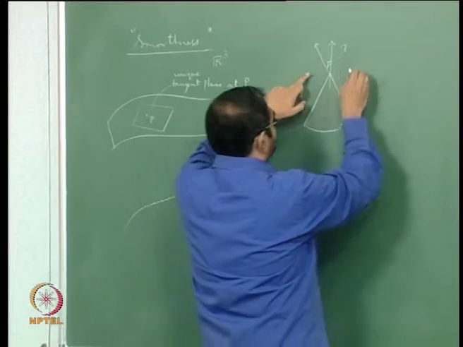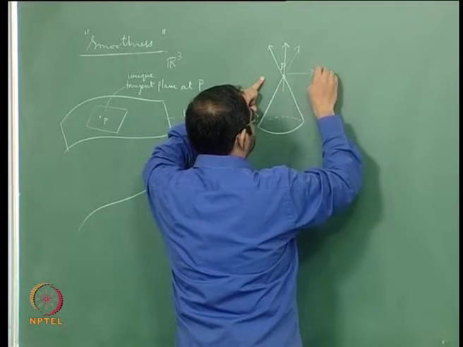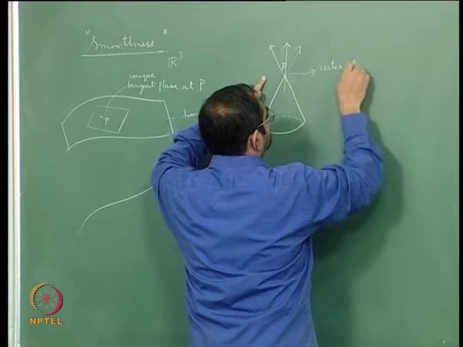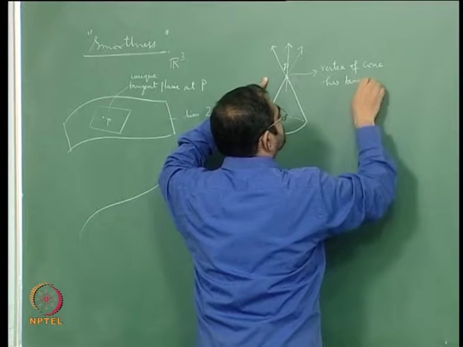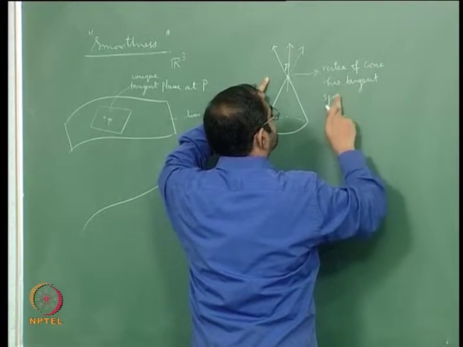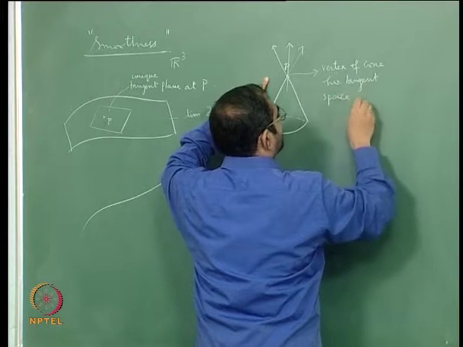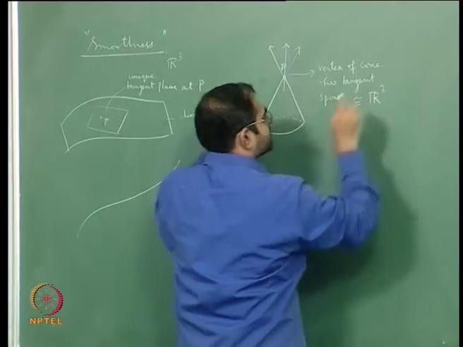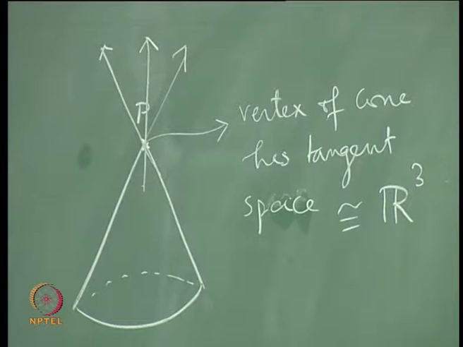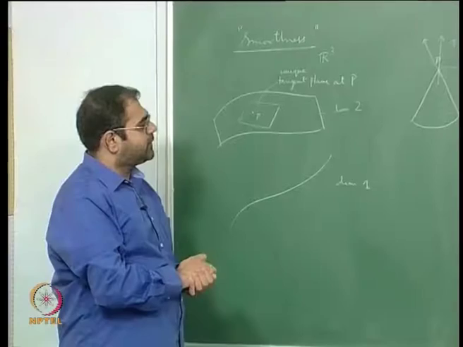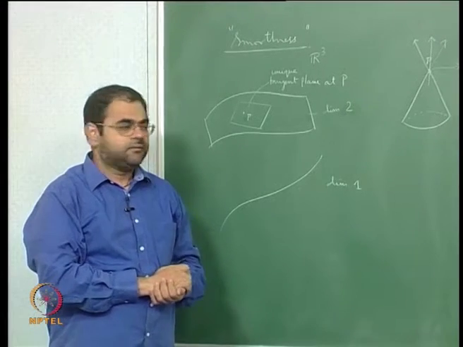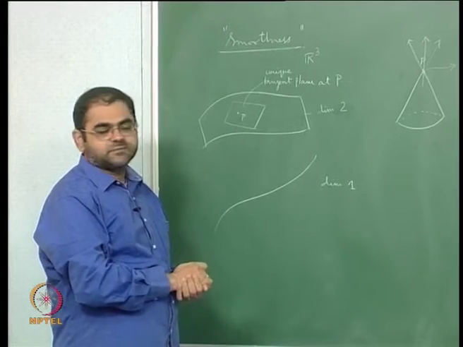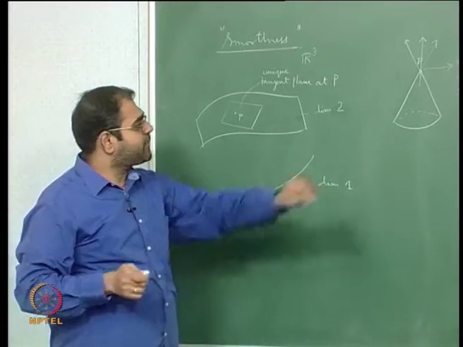So the tangent space at the vertex of the cone is isomorphic to R3 as a vector space, because you are easily able to find three linearly independent vectors, and these are vectors in 3-space, and therefore the subspace that they span will be all of 3-space.